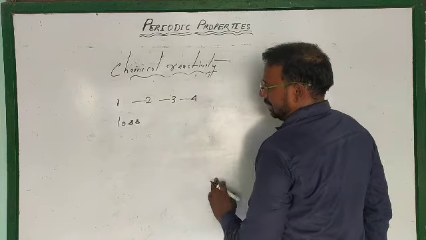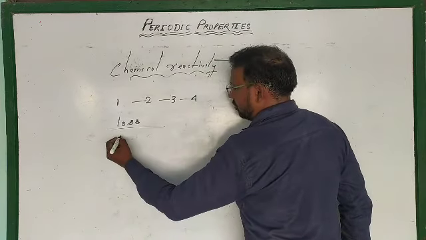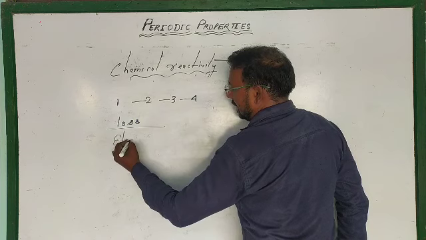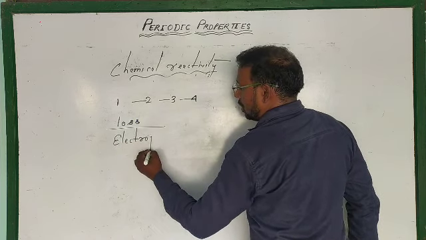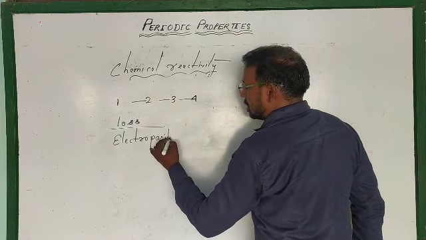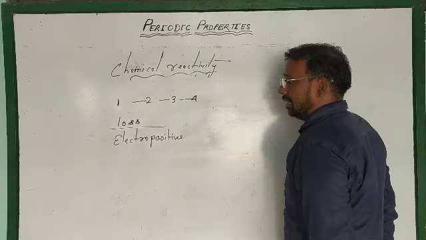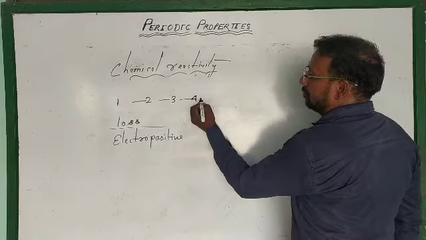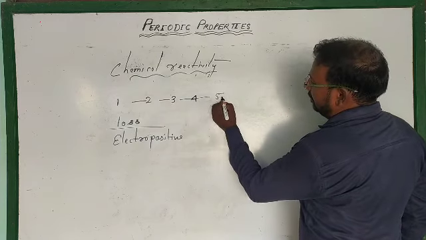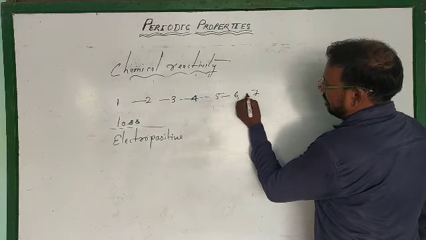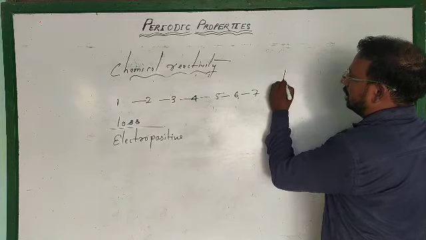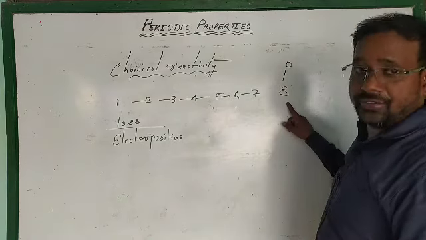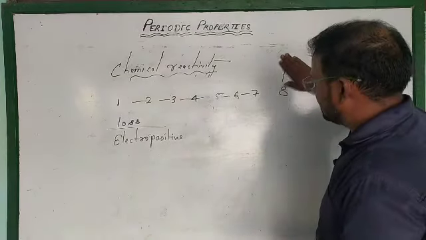If they have less than 4 electrons, 3, 2, 1, they will always lose electrons, and whenever they lose electrons, they are electropositive in nature. And if they have more than 4, that is 5, 6, 7, not 8, because 8 is already a stable configuration, so it shows 0 valency.